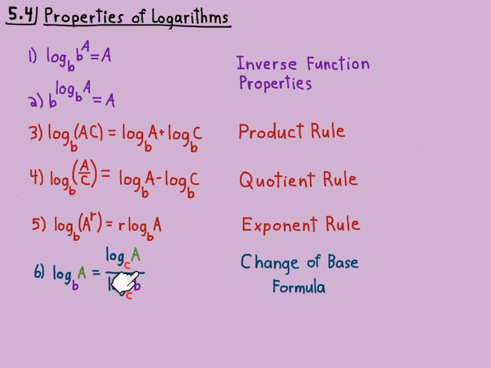And then you have to divide by log with the same base that you just created of the previous base on the bottom. Okay, so that's the change of base formula. This section concentrates mostly on 3, 4, and 5, with maybe some 1 and 2.